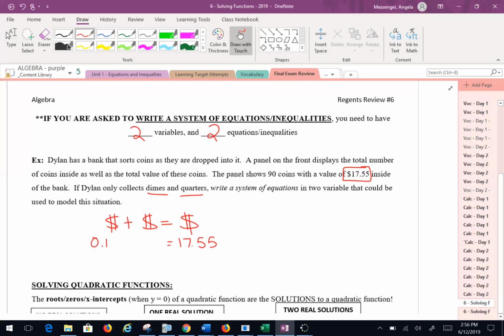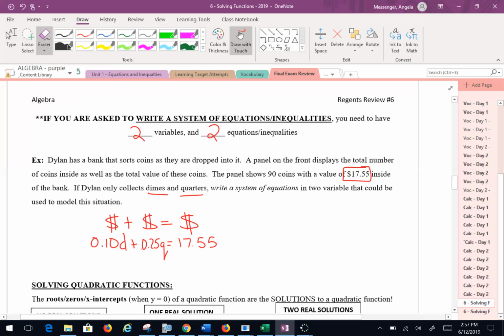0.10 per dime. So my students, at least when I was grading them, some students just write 0.10 plus 0.25. You have to have variables, okay? It's 10 cents per dime plus what per quarter? 0.25 per quarter. Yes, we've already done this.